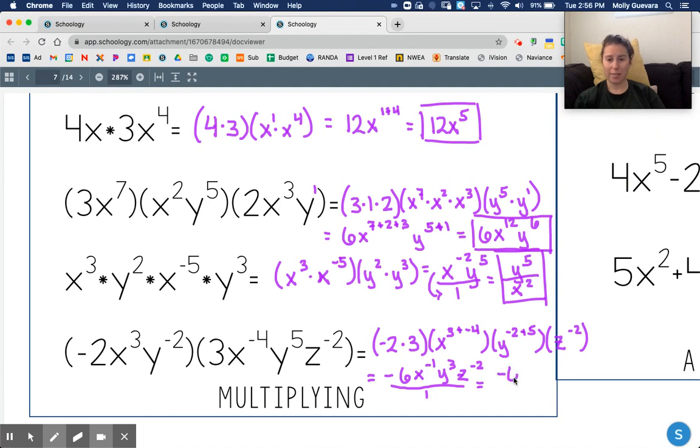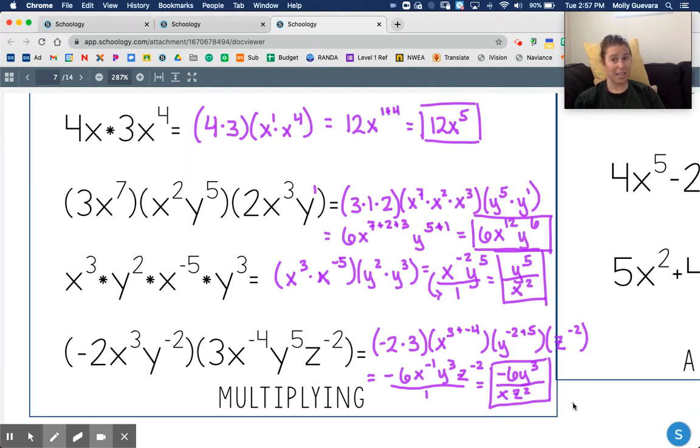So the negative 6 is going to stay on top, and the y to the third is going to stay on top because those were both positive exponents. And then on the bottom, I'm going to have an x to the 1 and I'm going to have z squared. And you can write the 1 on the x if it helps you.